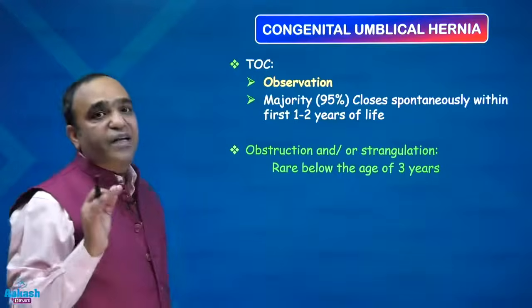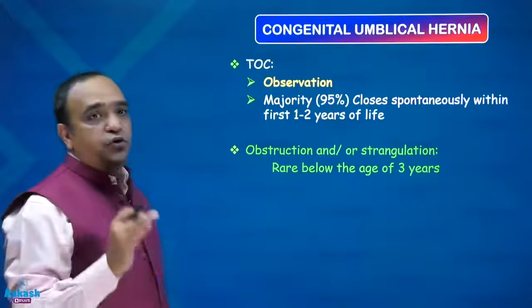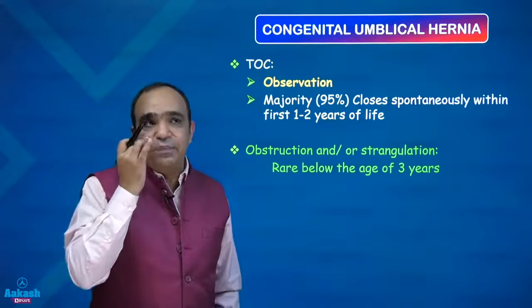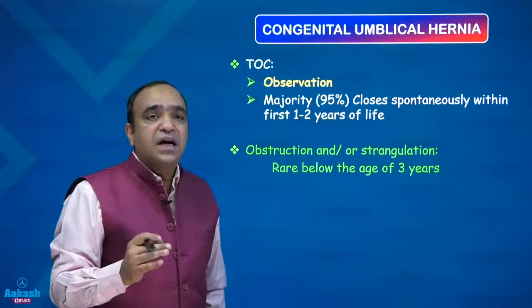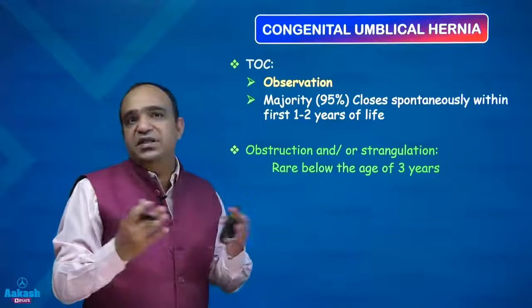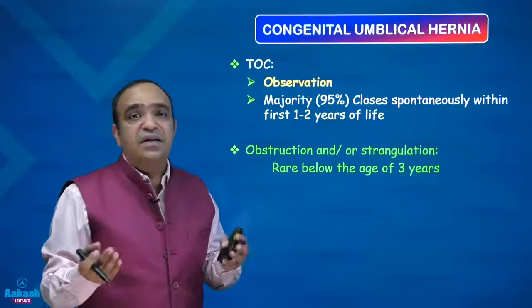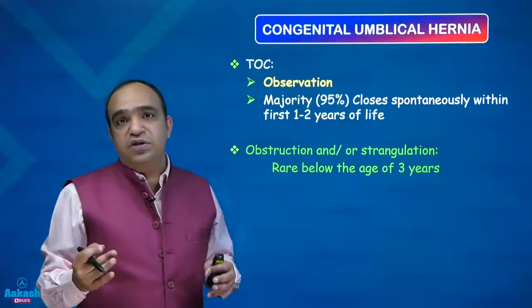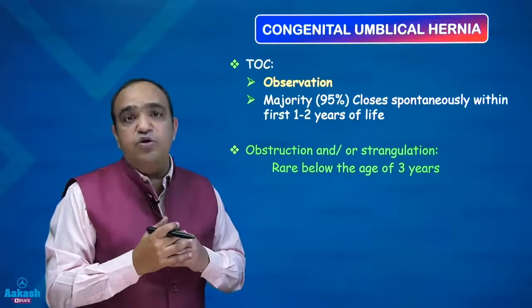Now congenital umbilical hernia, again very important, right? In the initial few years, because the defect here is the umbilical ring, that's a natural anatomical space. In preterm babies it remains open at birth, so umbilical hernia occurs. But in the initial 2-3 years of life, as the child grows, gradually the umbilical ring might close spontaneously.